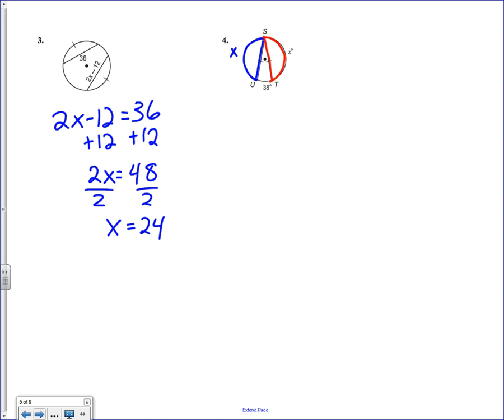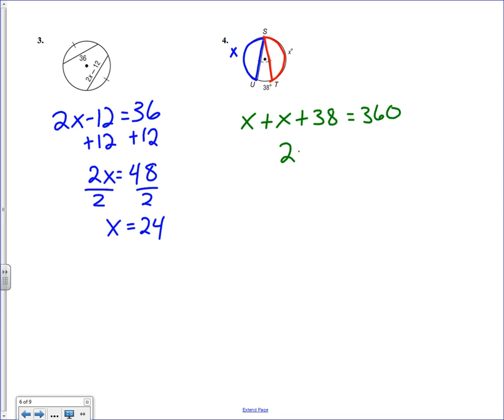We know that based on the central angles summing to 360, right? And since the central angles sum to 360, the measure around the circle must be 360 as well. And we have all of the parts here. We have x, and x, and 38. That is all of the measure around the circle, which is 360.